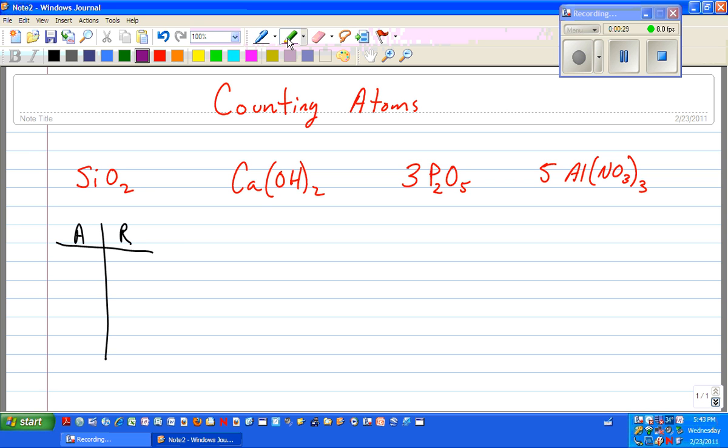So what we do is we identify our atoms. I've got silicon, and oxygen, and what I want to do is count how many of each I have.